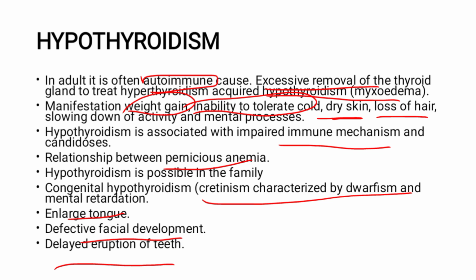The immune system is weak, eruption of teeth is delayed, facial development is defective, cretinism means short height, mental retardation, enlarged tongue, dry skin, loss of hair, and weight gain. You will see this in this patient.